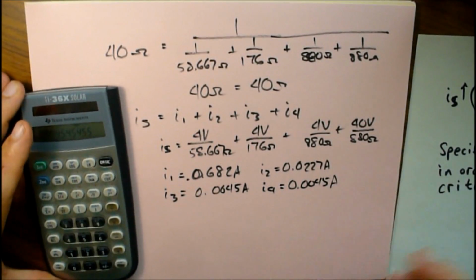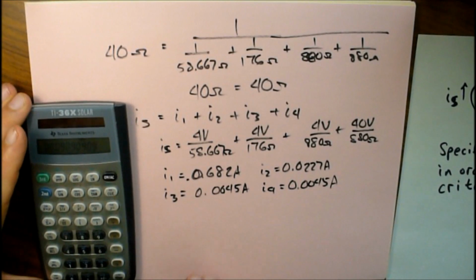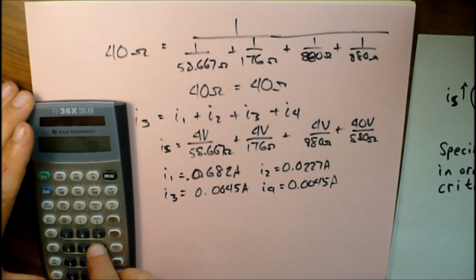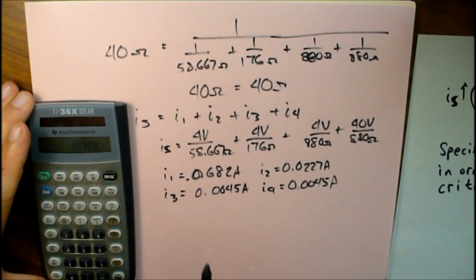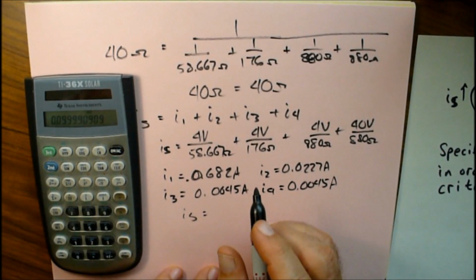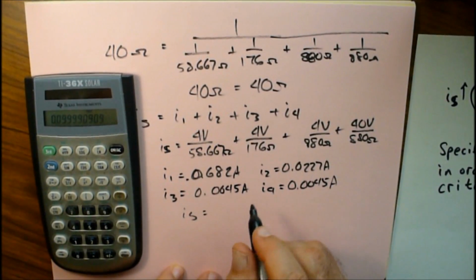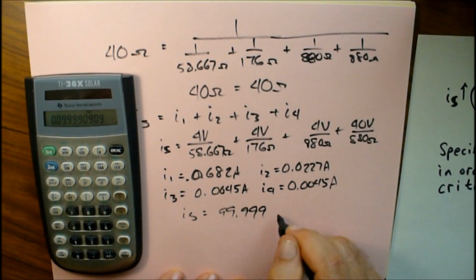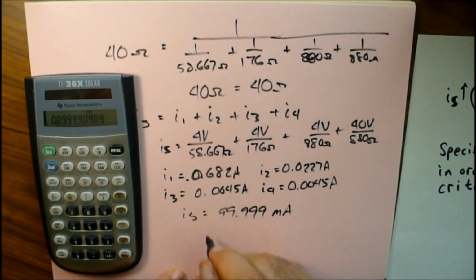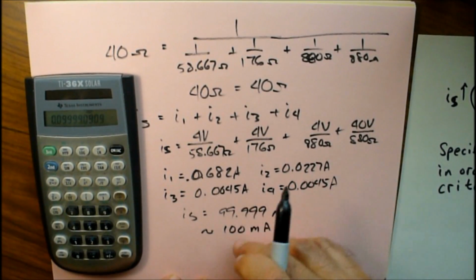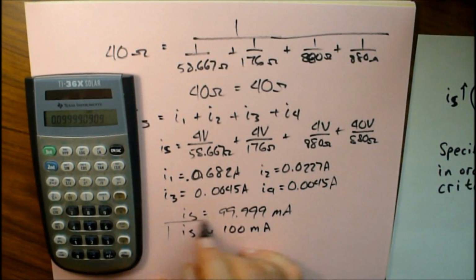So I'm going to take that last number times 2, get a number, and then I'm going to add it to these two, 0.0227 plus 0.0682, and it all adds up to I sub s equals 99.999 milliamps, which is roughly 100 milliamps, which is what our current is. So I sub s comes out correct.